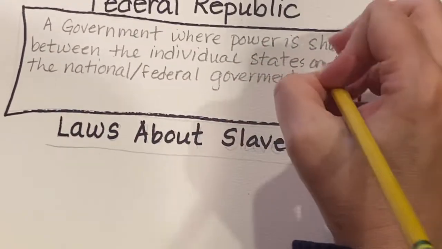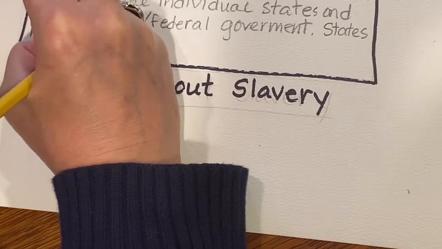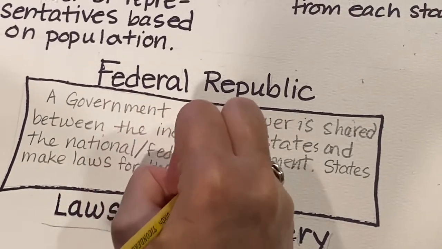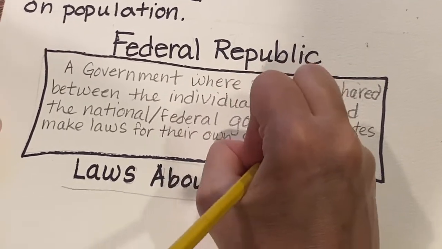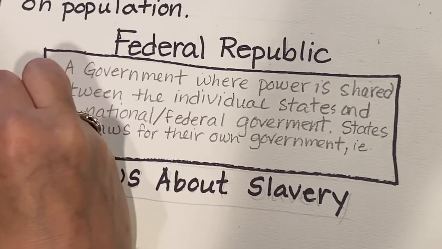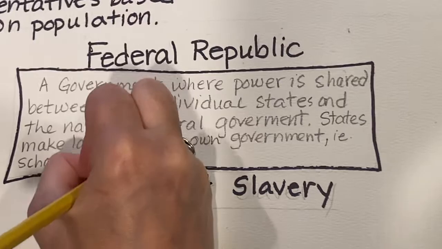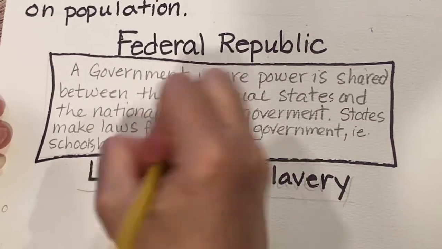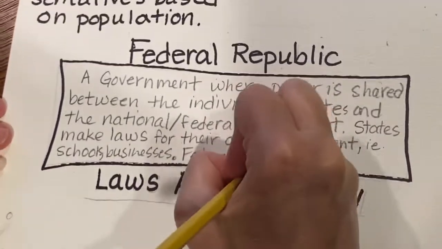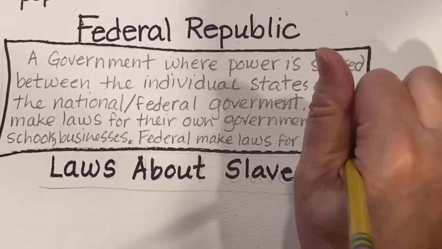Okay, so let's see. How about if we say states make laws for their own government, for example, schools, businesses, and then the federal government makes laws for the whole country.